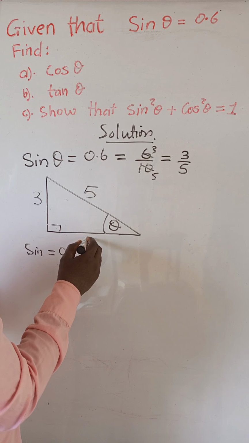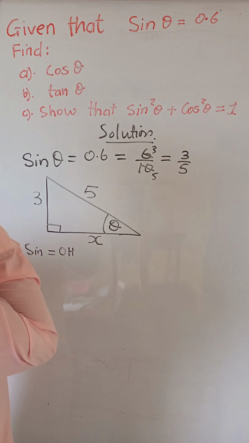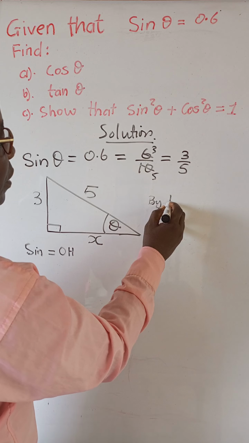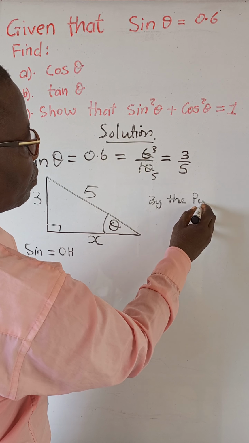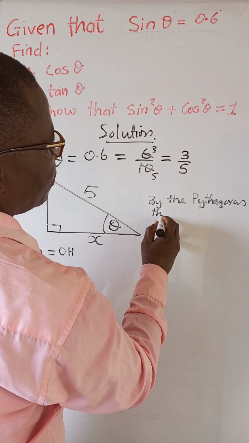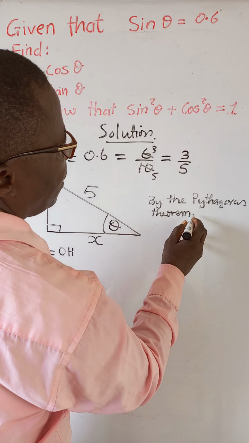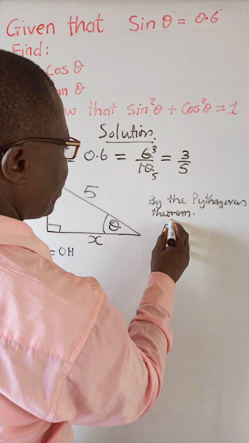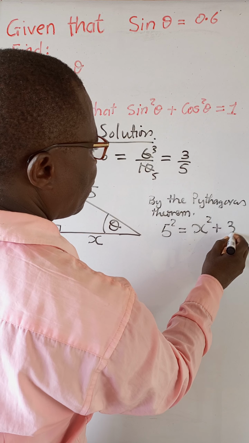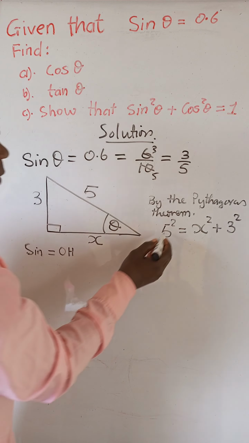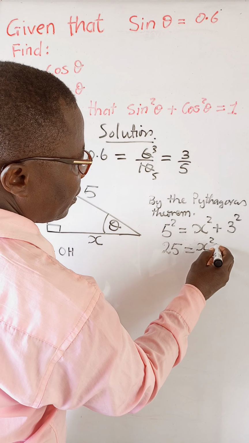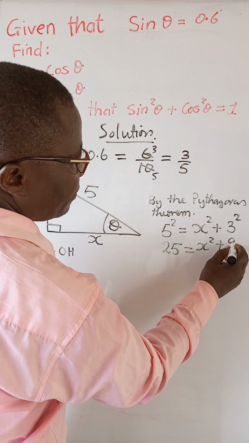Alright? So how do we get this other side? Let's call it x. We will proceed by using the Pythagoras theorem. By the Pythagoras theorem, the hypotenuse squared is equal to the sum of the squares of the other two sides. 5 squared is 25, is equal to x squared plus 3 squared, which is 9.